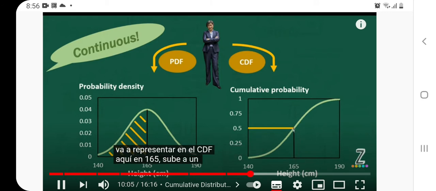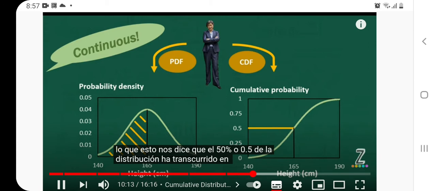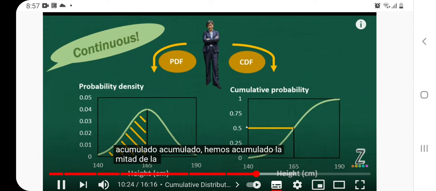At 165, it goes up to a value of 0.5. So this tells us that 50% or 0.5 of the distribution has elapsed at this point. Or if you want to use different terminology, you can say we've accumulated half of the distribution by the time we get to 165 centimeters.